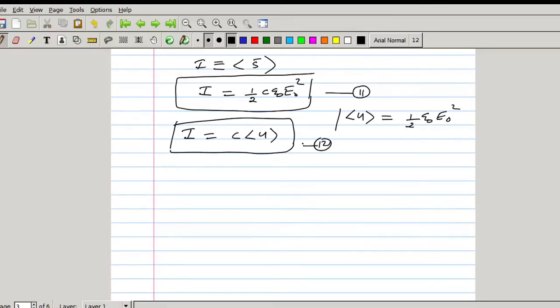So this is the expression for energy, the expression for intensity of the wave, and the relation connecting intensity and energy of a wave. Now we find the momentum.